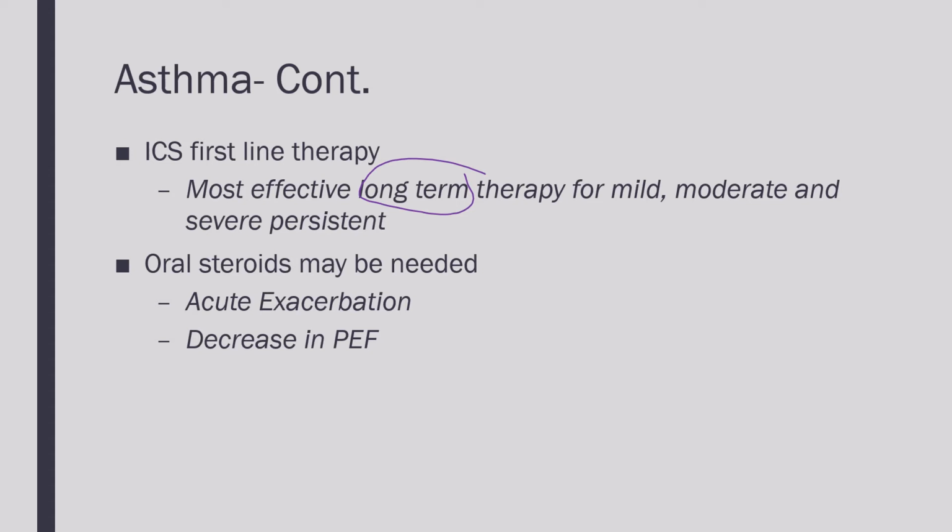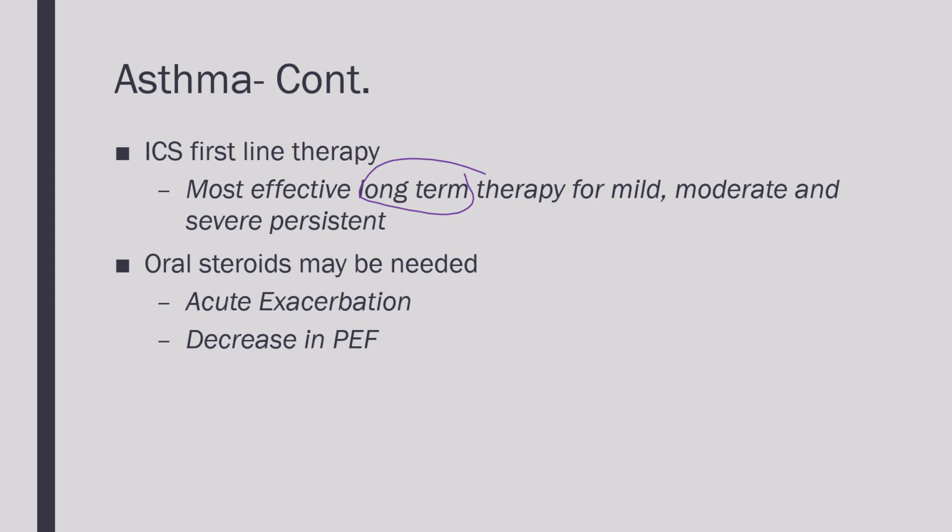So the first thing, the best thing to control asthma is to do your long-term therapy. It takes at least 3 to 4 weeks for inhaled corticosteroids to be effective on your lung tissue, right? They have to be taking their Flovent twice a day for at least 3 to 4 weeks before it's going to be very effective on their lung tissue. So that's something that you'll see there.